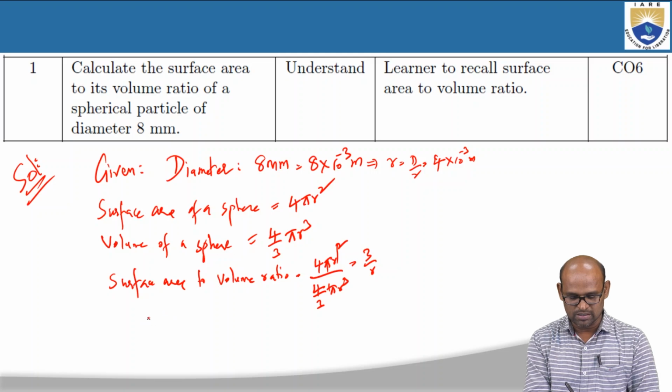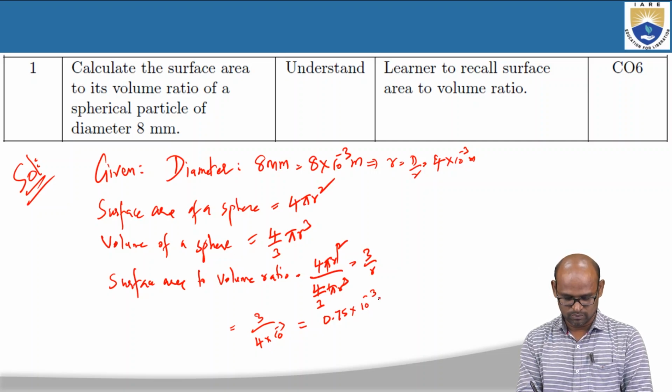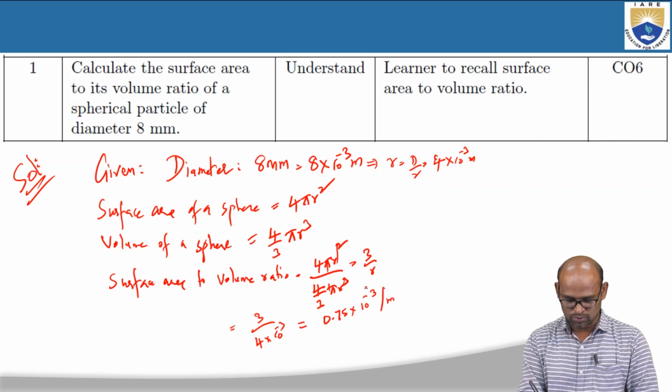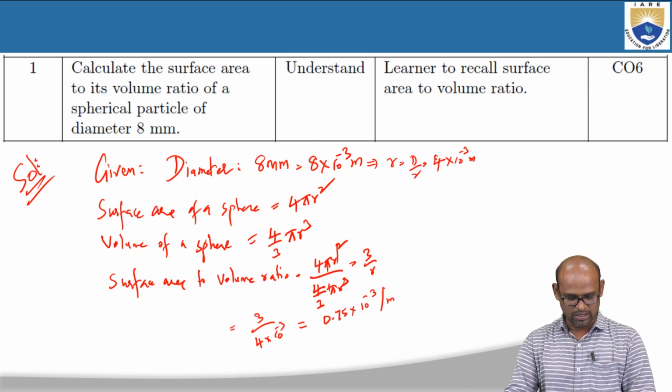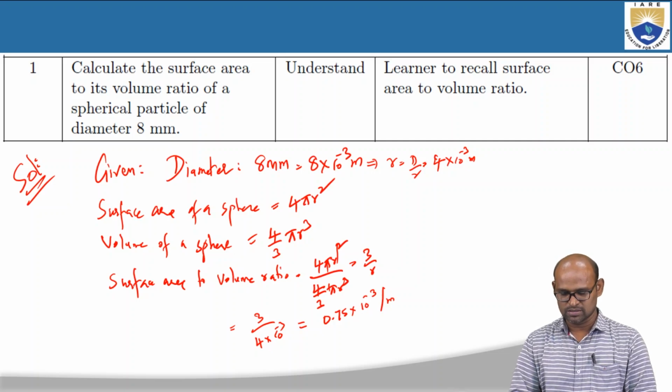Substituting this in the equation 3 by r, with r as 4 into 10 power minus 3, we get the surface to volume ratio of the spherical particle, which is 0.75 into 10 power 3 per meter. This is the surface area to volume ratio of a spherical particle of given diameter 8 millimeters.